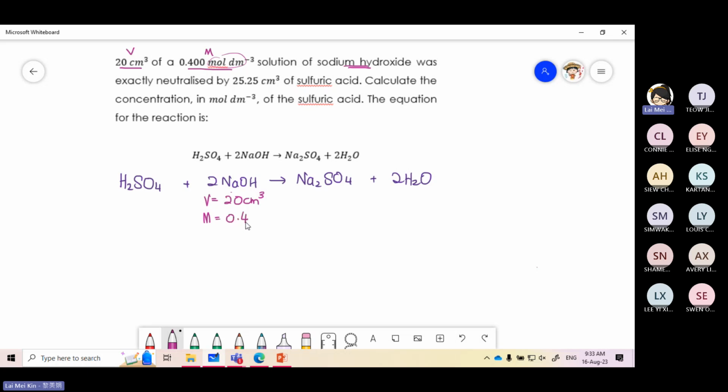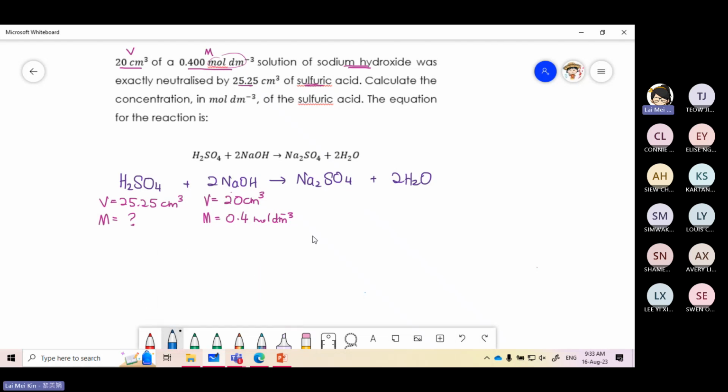Molarity is 0.4 mole decimeter cube. It is exactly neutralized by sulfuric acid, with a volume of 25.25 centimeter cube. I want to calculate the concentration of sulfuric acid.